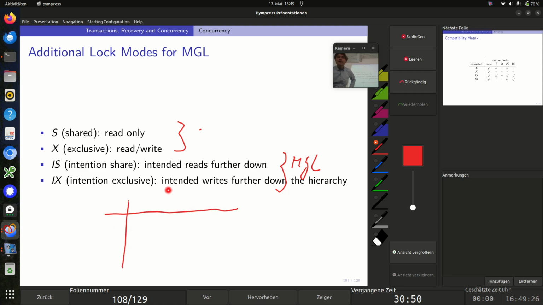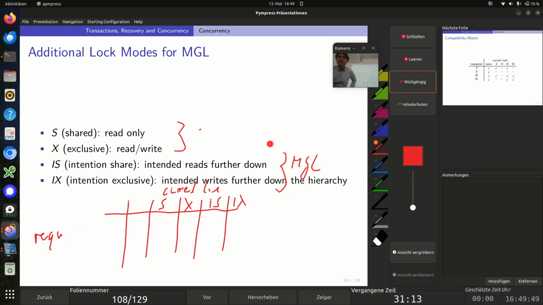Like we have our current lock: shared, exclusive, intentionally shared, and intentionally exclusive. And now we request another lock, like the same.